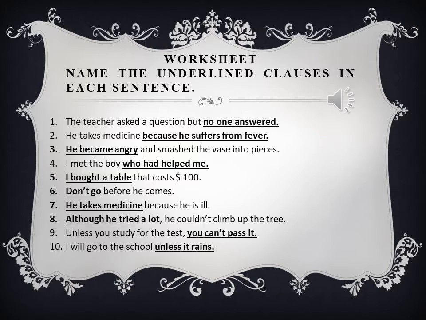Now in the end you have this worksheet. It contains 10 sentences. What you have to do is, in each sentence the clause is underlined. You only have to name the underlined clause in each sentence and write whether it is an independent clause or a dependent clause.